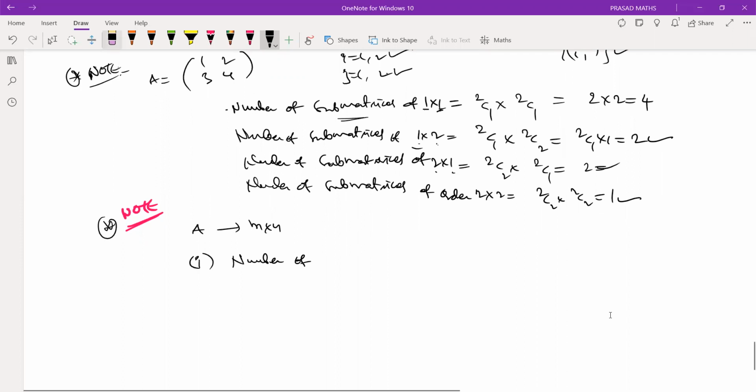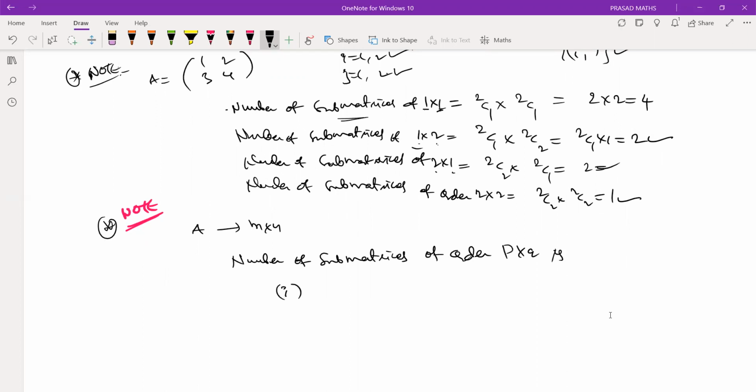You need to write like this: number of submatrices of order P cross Q is, first one, MCP into NCQ if all elements are distinct. If all elements are distinct.